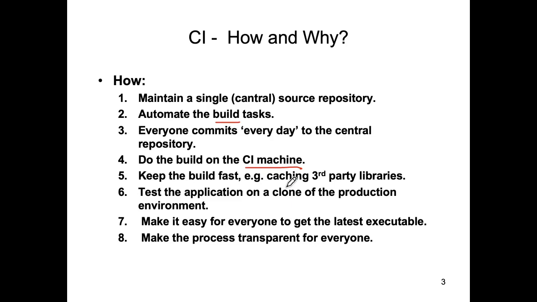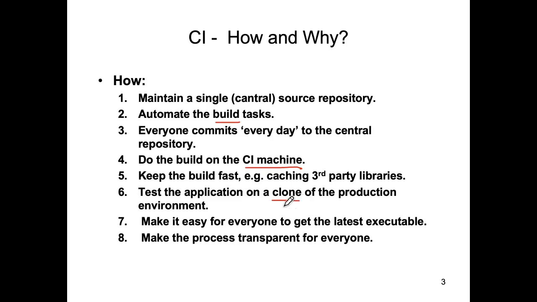Test the application on a clone of the production. I don't mention it there, but that clone is often referred to as a staging server. I think I mentioned it in a later slide. But either way, we need to deploy our application onto a server that is configured as close as possible to the production server that it will eventually be deployed to.